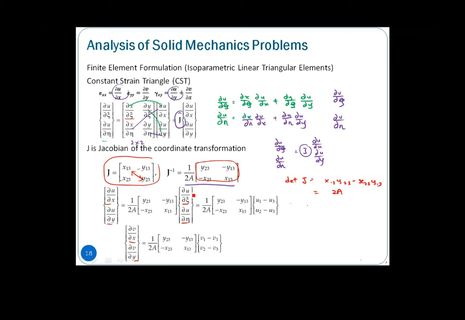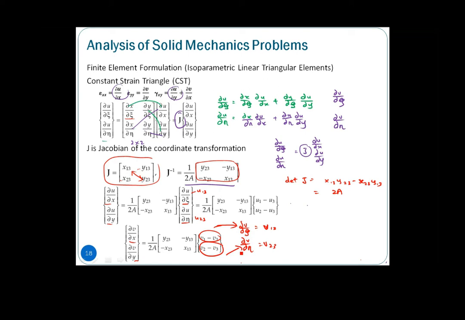Same with this, here is giving us u13 and u23. For del v del psi and del v del eta, we have v13 and v23. So that basically gives us this.